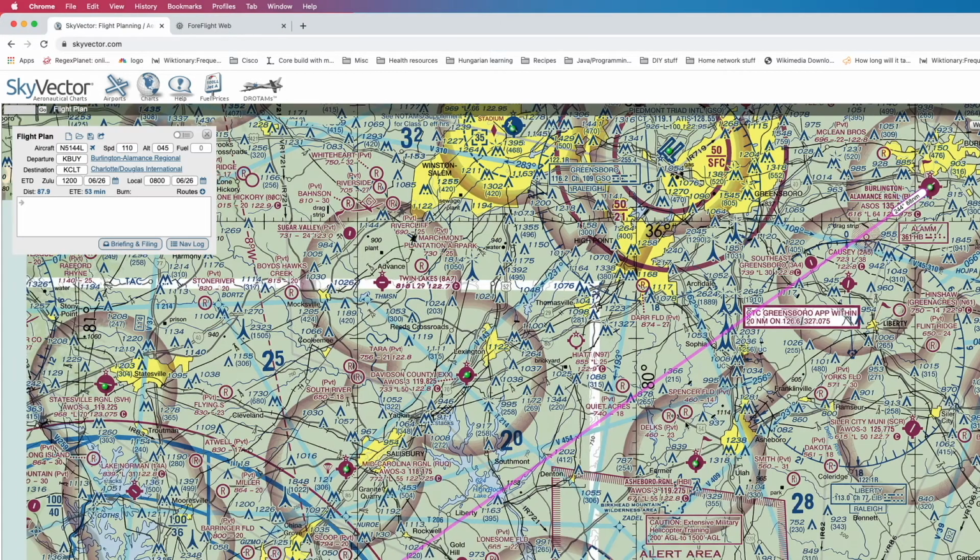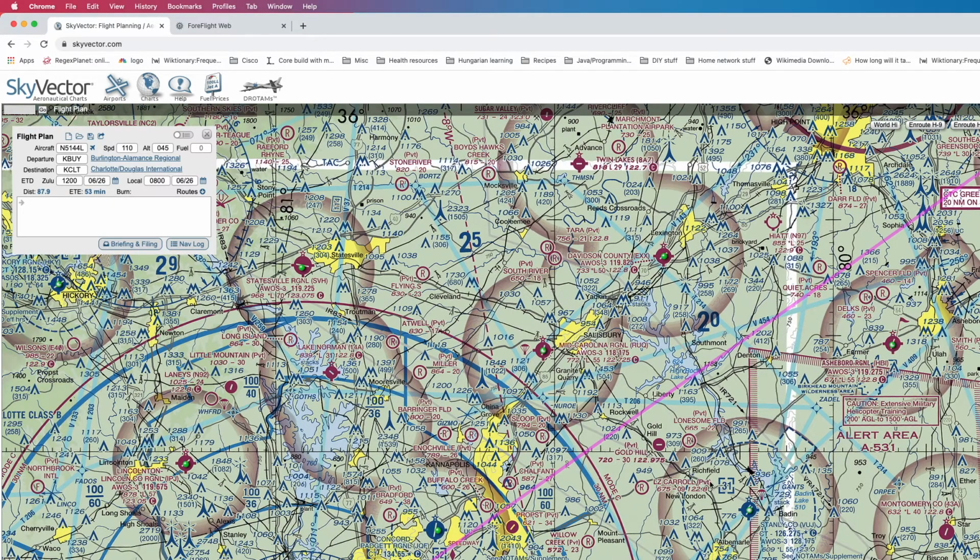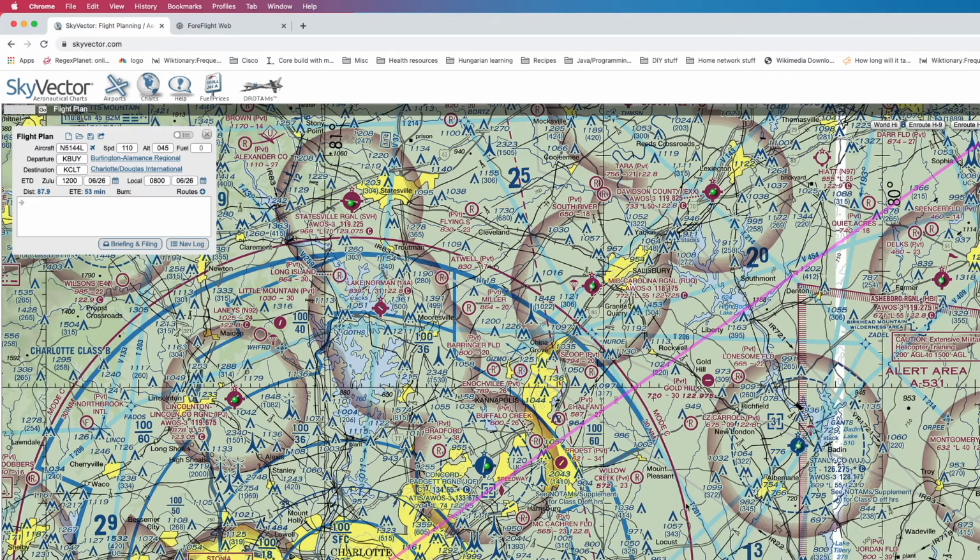Airspace is pretty straightforward until you get to the Class Bravo. This alert area does not involve us, either from an altitude or a direction of flight standpoint. We're close to it, but we don't hit it. Mode C Veil is right here, and then even more importantly, the Class Bravo is here.